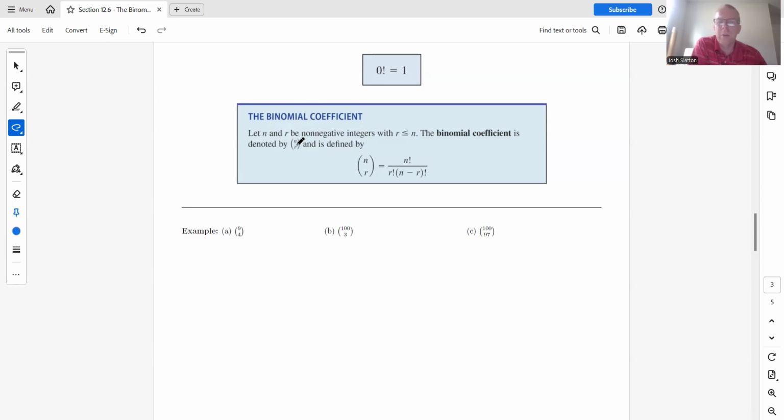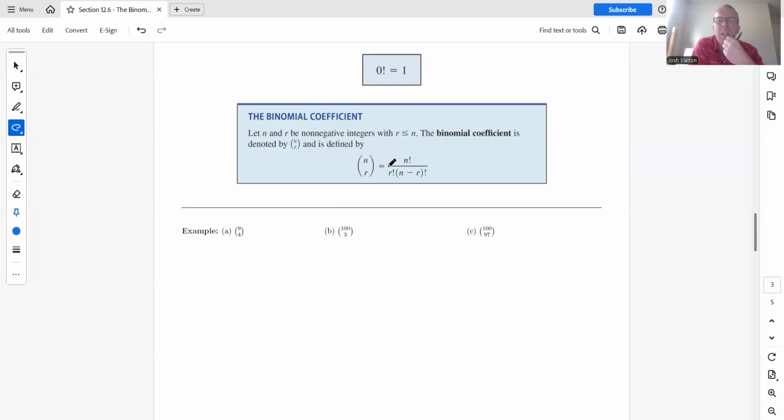So if the a exponent is 2 and we're expanding to the 5th power, this would be the a squared term, or the a to the r term. And so you could say we have n choose r, but it's going to be n factorial divided by r factorial, and then the difference between those two factorial. So let's see how this works.